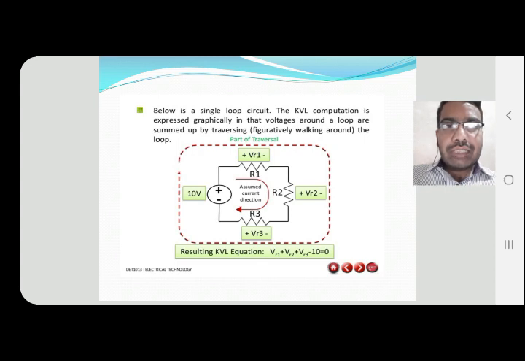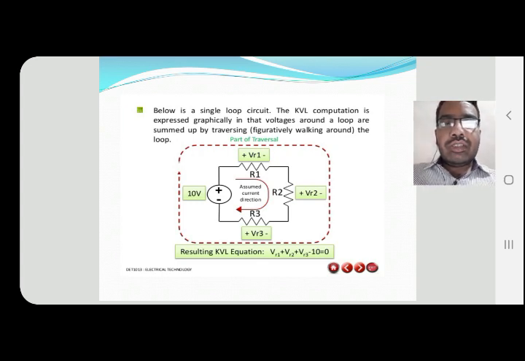Here minus 10 is written because the current is flowing in the anti-clockwise direction. So that's why the voltage is written as minus 10. Okay, so this is the KVL application circuit. So KVL can be applied in a circuit like this.